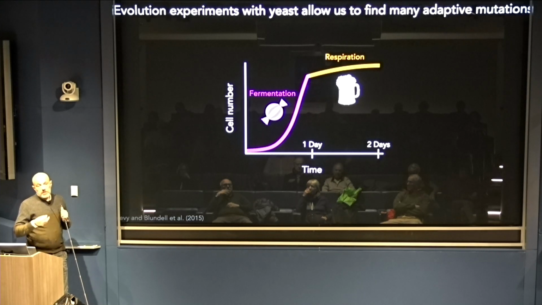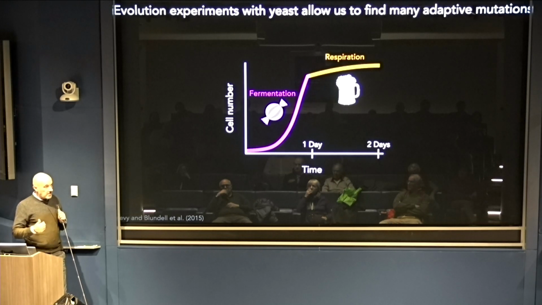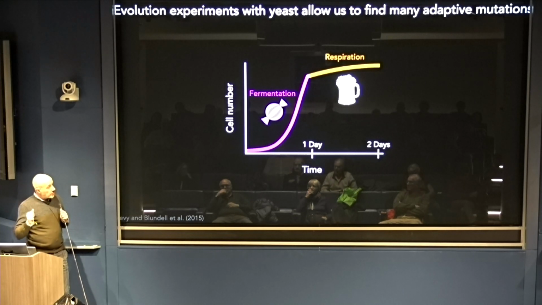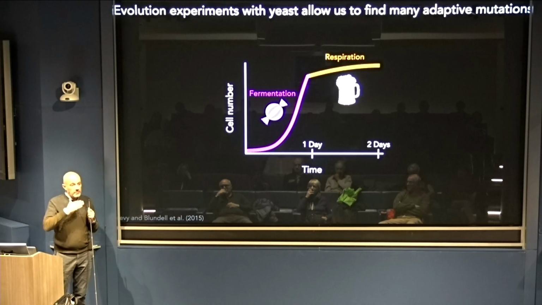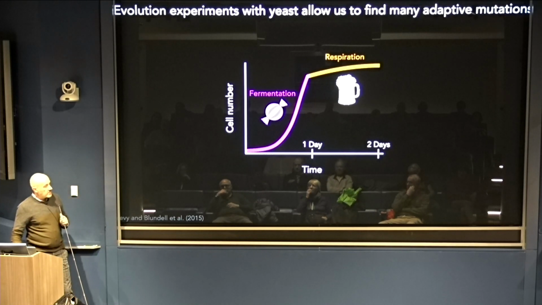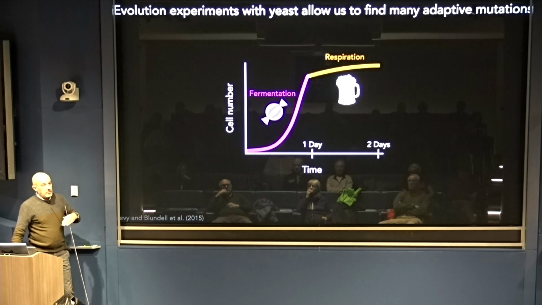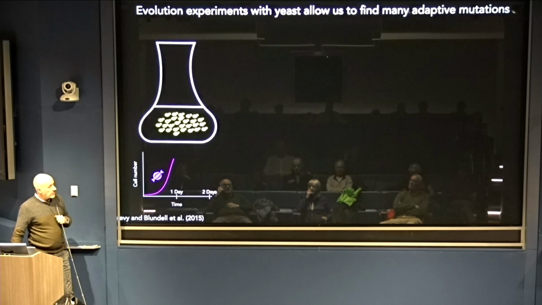And in that condition, they go first through a period of fermentation where they are just eating sugar and converting it to ethanol by glycolysis, and then once they are out of sugar, they start slowly metabolizing ethanol, and then they eventually go to starvation. In that particular experiment, we don't let them get to complete starvation, and we replenish the media, and they go through the system again. So there are two physiologically, metabolically distinct stages: fermentation and respiration.